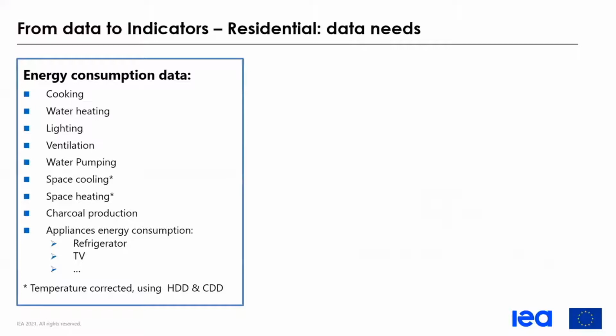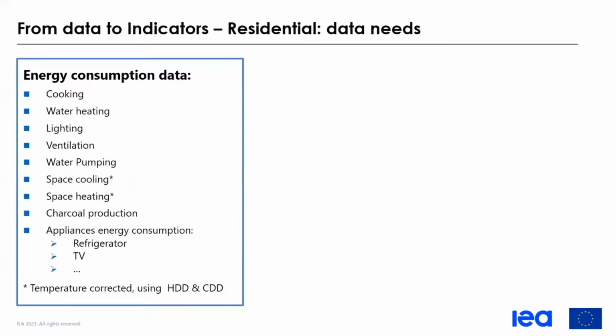It's also important to collect data on heating degree days and cooling degree days in order to be able to correct space heating and space cooling energy consumption for the year-to-year variation of the temperature.